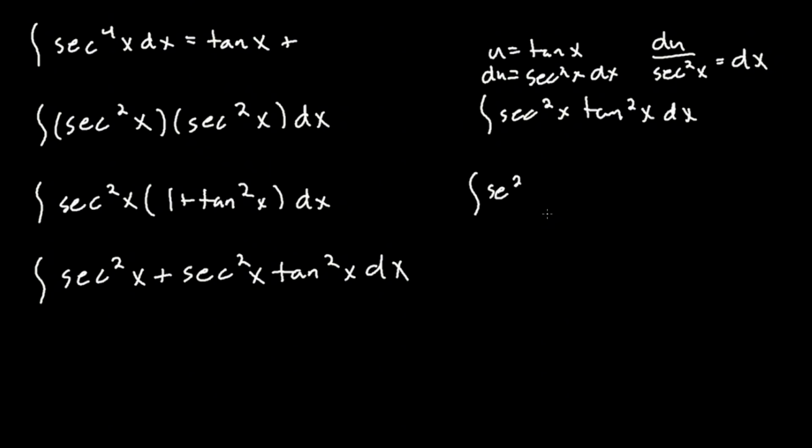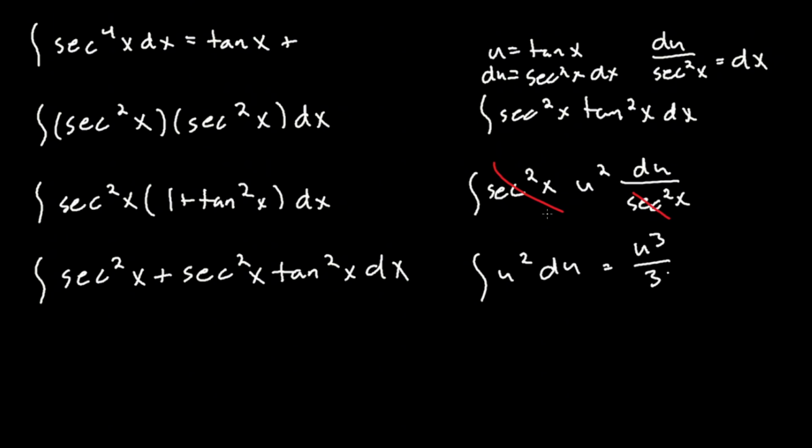We have secant squared of x, and tangent squared is simply just u squared. dx is equal to du over secant squared of x. Secants cancel out, so all we're left with is the integral of u squared. The integral of u squared is just u to the power 3 over 3 plus c, of course.